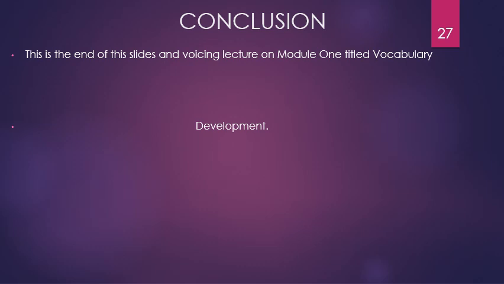This has come to the end of this lecture on Module 1 titled Vocabulary. We've discussed various ways of understanding the meaning of a new word, which include etymology, loan words or borrowed words, grammatical class of words, using a dictionary, using connotation and denotation.